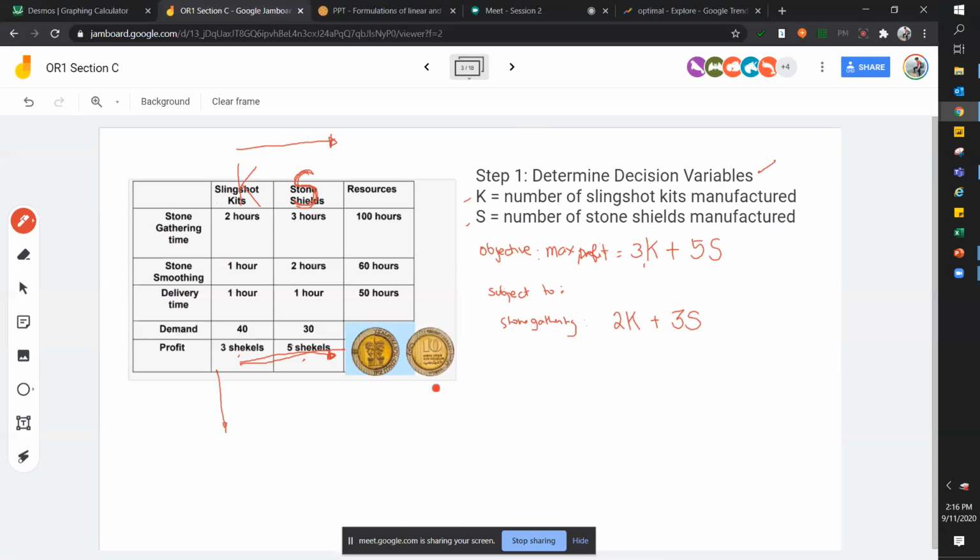Tapos, less than or greater than? Bakit less than or equal? Correct. Ito pa ang concept niya, availability. Hanggang, or sabihin natin limited to, 'di ba? Hanggang 100 hours lamang. So, itong portion na to guys ay kailangan less than 100 hours.